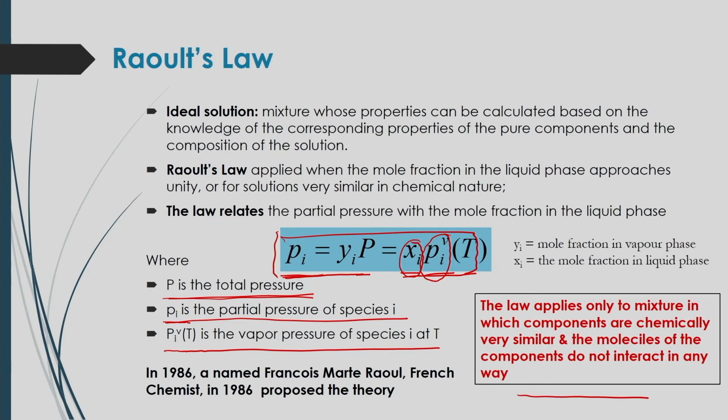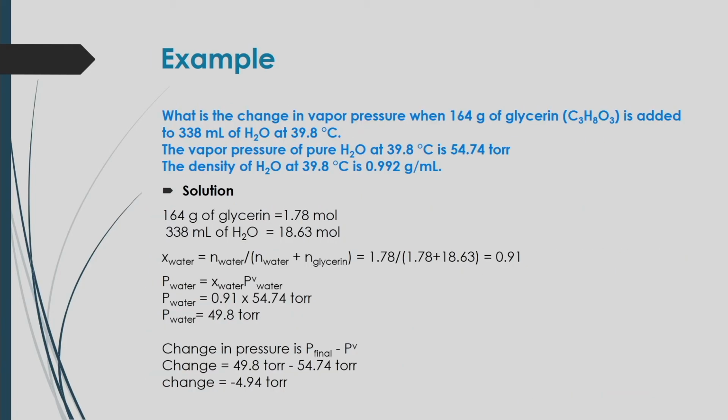Again, you can calculate the mole fraction of the liquid phase if you know the partial pressure and the vapor pressure. So, based on Raoult's law and this equation, you can calculate either partial pressure, vapor pressure, or mole fraction of the components in the liquid phase.